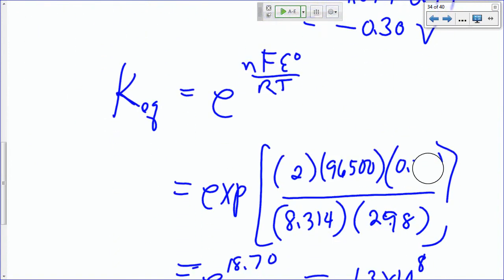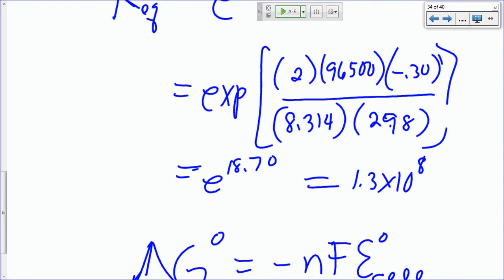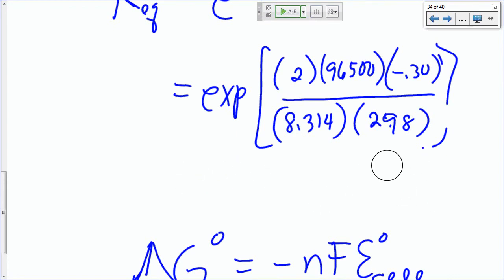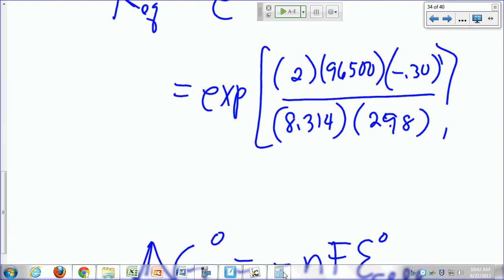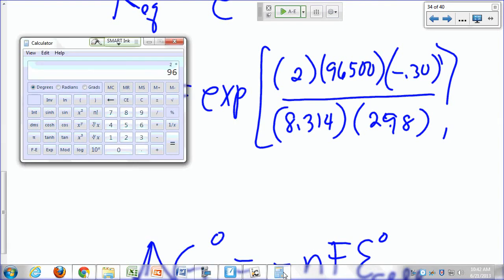So what would that be? If I plug in negative 0.3 instead of 0.24 over here, what would I get? Let's try that. 2 times 96,500 times 0.3 divided by 8.314 divided by 298.